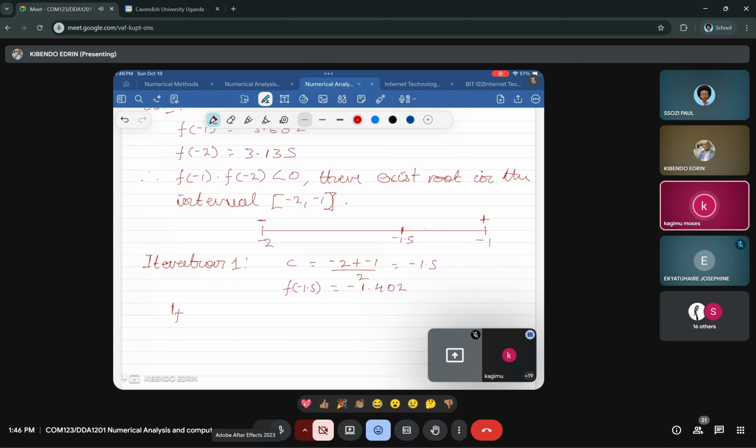Yeah, it is a positive. Then you change it on the number line. It's a positive. Then negative 1 is negative, negative 2. Then the one is supposed to be negative. Yes.